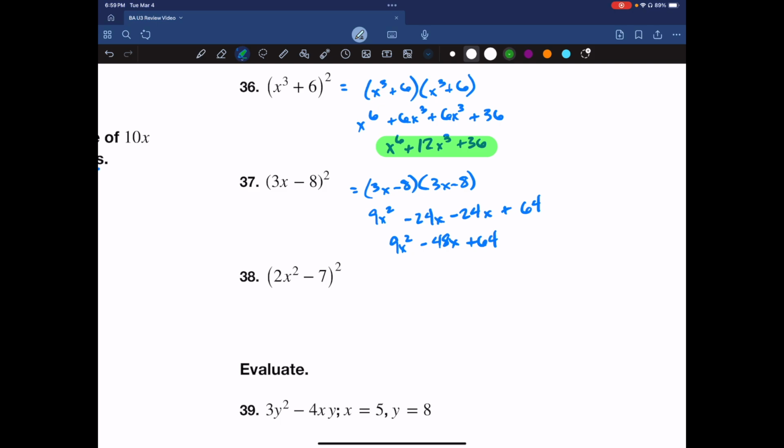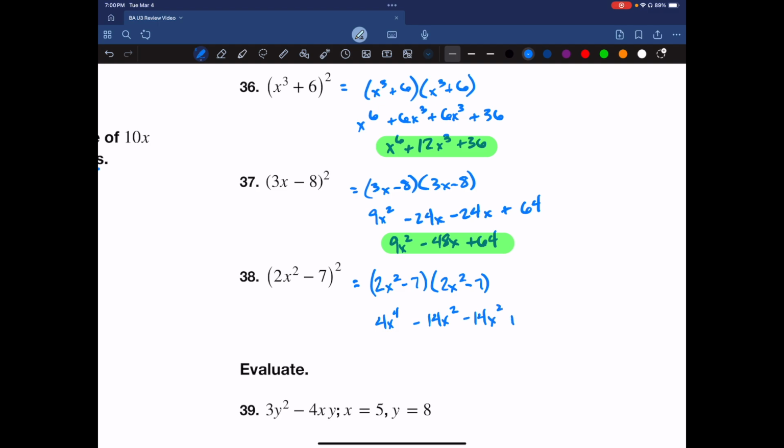Next, 2x squared minus 7, 2x squared minus 7. That's going to be 2 times 2 is 4, so x to the 4th, then minus 14x squared minus 14x squared plus 49. Clean it up.